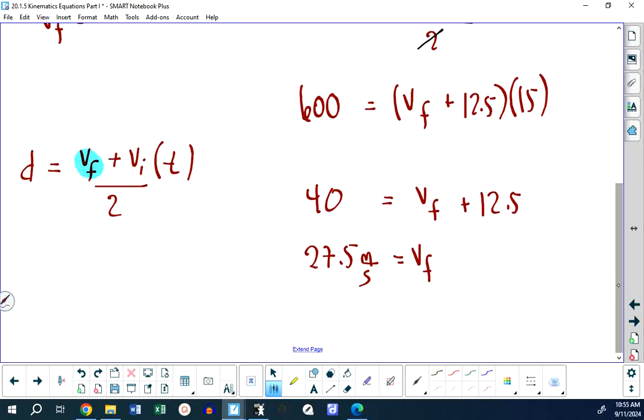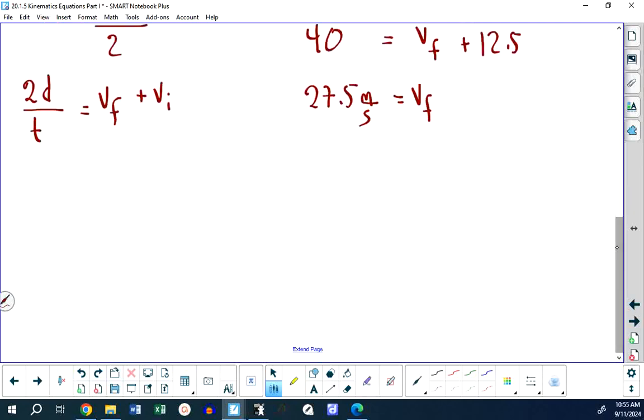So I would get 2D over T equals VF plus VI. And then I can subtract VI. So again, in the algebraic approach, where we rearrange the equation first, you're going to get VF equals 2D over T minus VI. And a very quick note here.